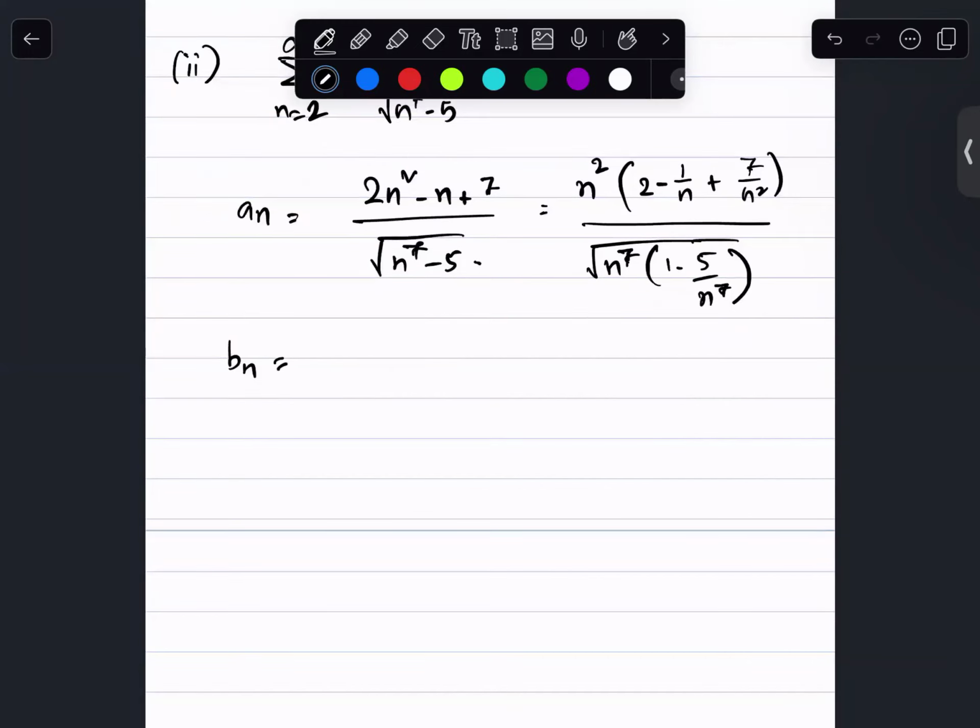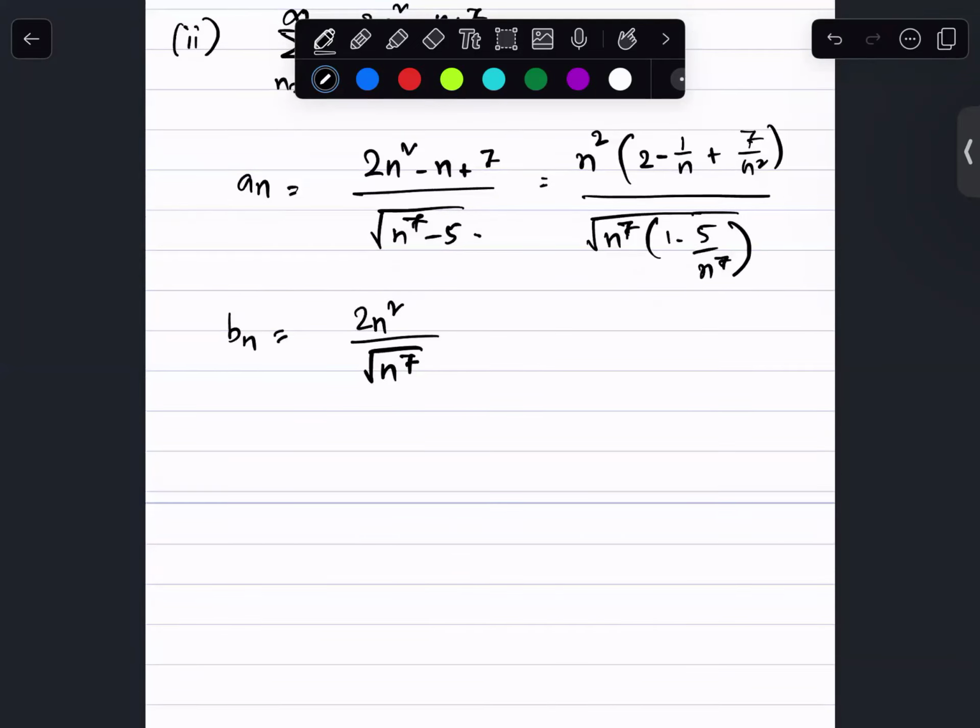So if I take my bn to be 2n squared over square root of n to the 7, then this is nothing but 2n squared over n to the 7 over 2, which, if I do the calculation, is just 1 over n to the 3 over 2.